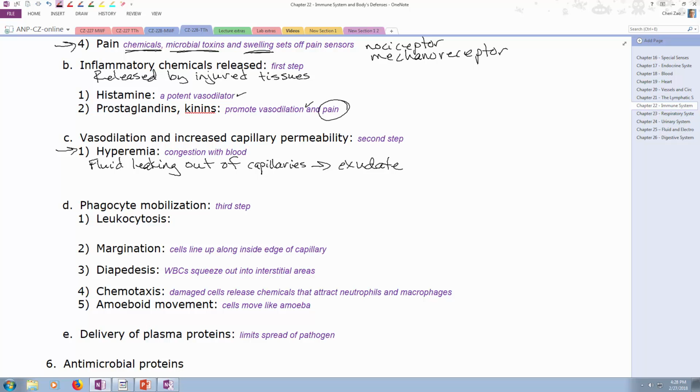If we want to fight hyperemia, if we want to fight vasodilation, we want to actually use things that will fight these guys up here. So to counteract this, we would like to take what for histamine? An antihistamine.